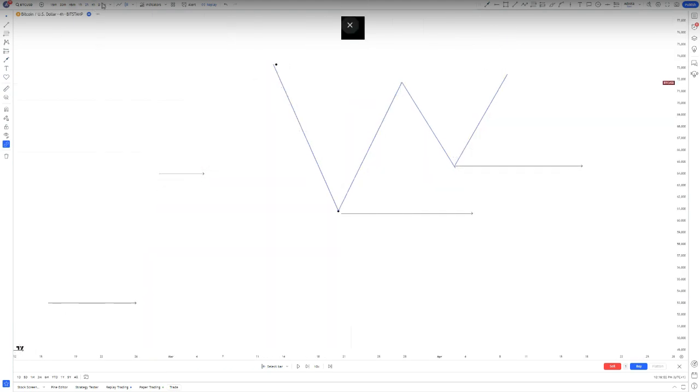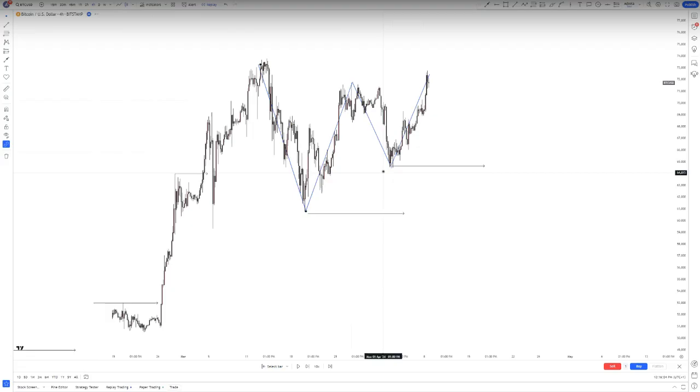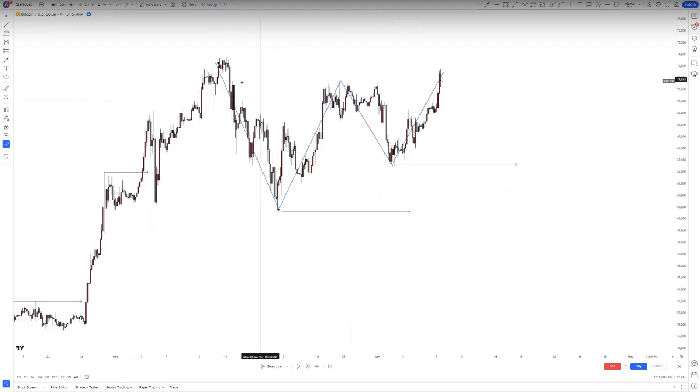And then from here, we moved to the downside, we pushed. Now, I want you to look at it. This low pushed price and price printed this high. This high pushed price and price printed this low.